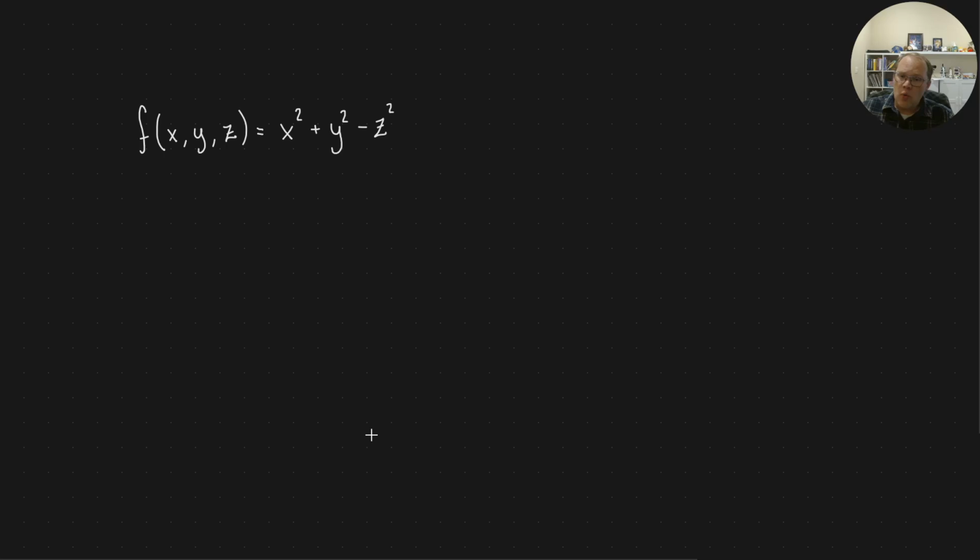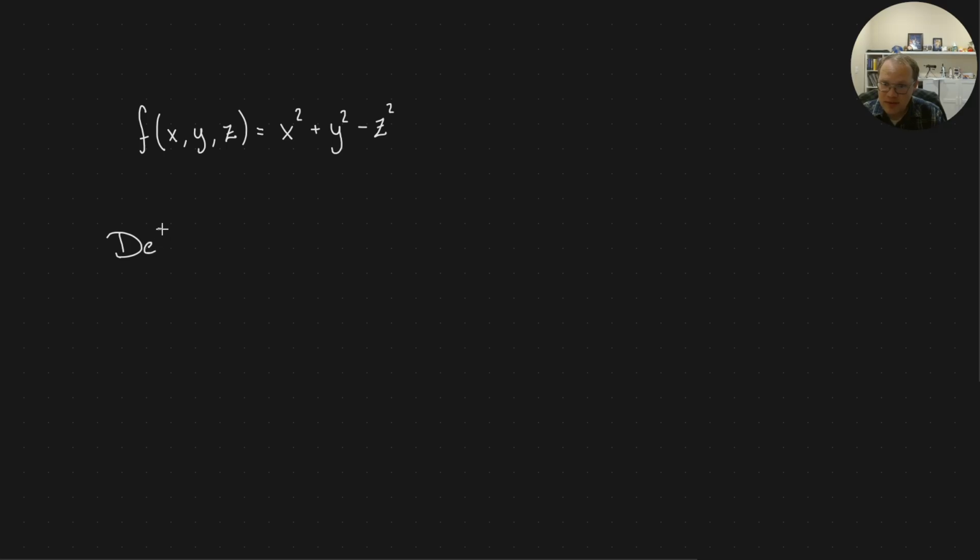Okay? We can do the same thing for a three-variable function. Rather than dealing with the full four-dimensional aspect of this function, if we set one of our variables equal to a constant, then that reduces it to a three-dimensional cross-section of this four-dimensional hypersurface.